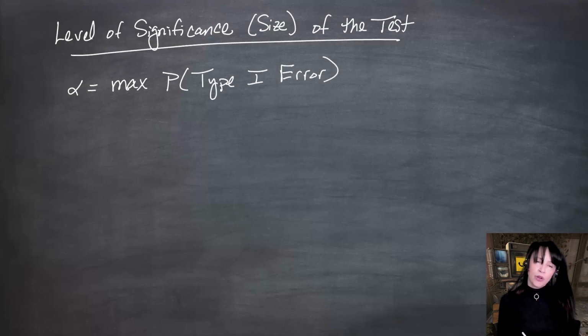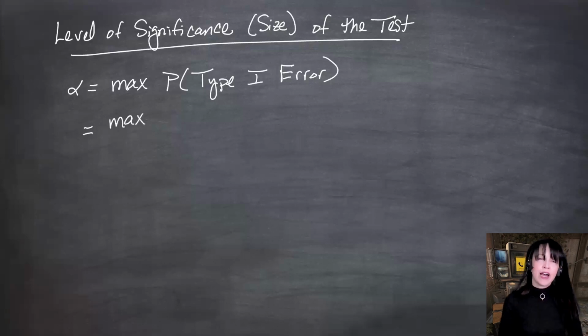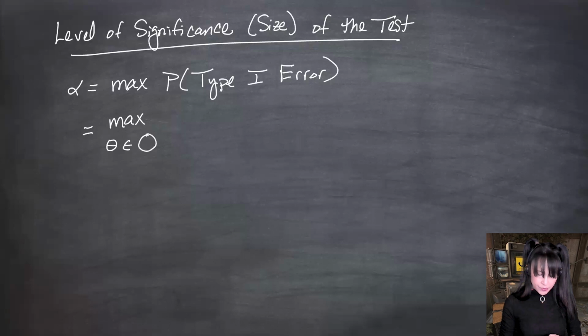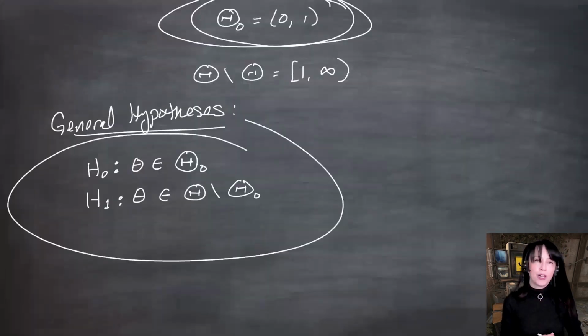A type 1 error was you rejected the null hypothesis, but you shouldn't because it's true. And the maximum is taken over all the values in the null hypothesis. So we have a set describing that now. I'm going to take it over all theta in this subset of the parameter space that describes the null hypothesis. I am throughout today working with these general hypotheses.